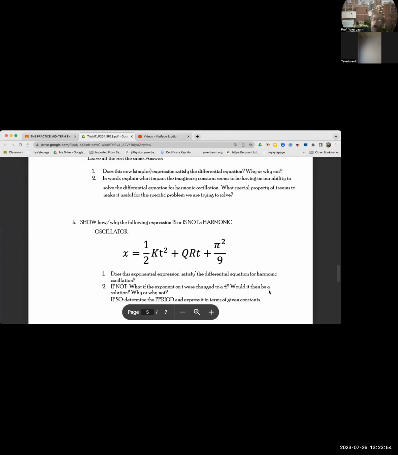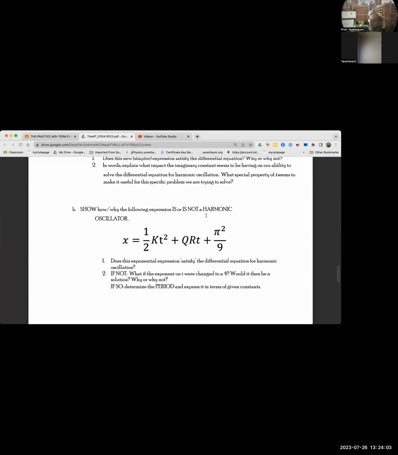I believe I've answered all of this here, one way or another, even though somewhat on paper and somewhat in my words. Now, for this last bit on this page, that thing is definitely not a harmonic oscillator. If you differentiate it twice, you do not get back that thing. You get back the letter K. You should do that and show it. Even if the exponent were changed to a 4 or a 5 or any finite number, you're not getting back to the original.